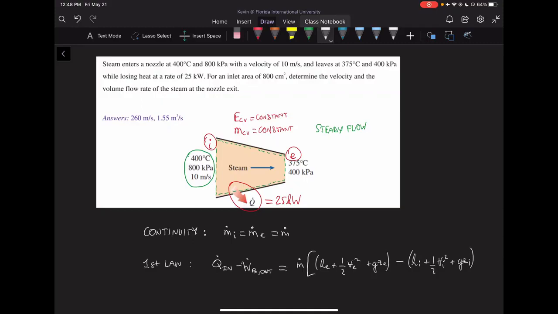And if you had more than one inlet or more than one exit, you would just add the terms for the inlets given and the terms for the outlets given.